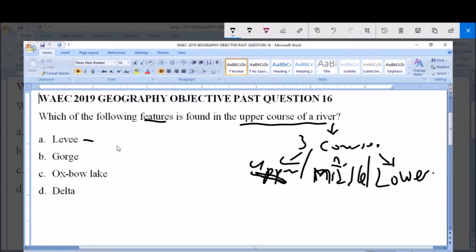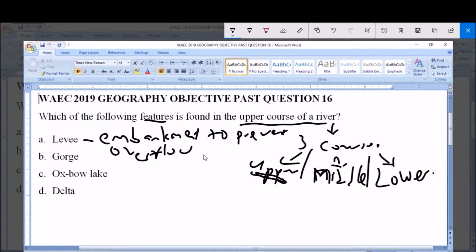So a levee is basically an embankment. A levee is an embankment built to prevent overflow of a river. So an embankment built to prevent overflow of a river is known as a levee.